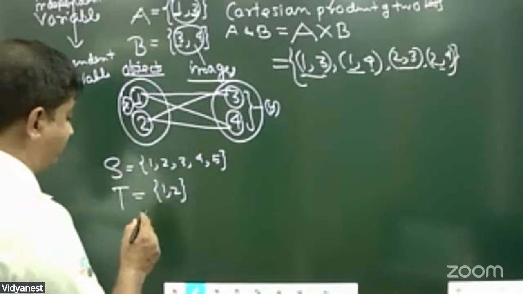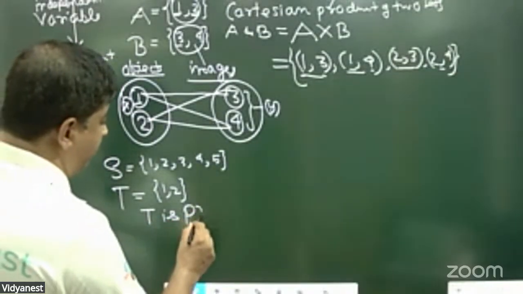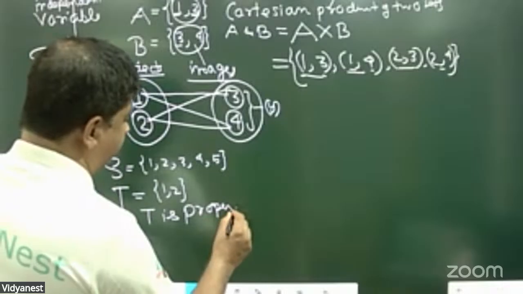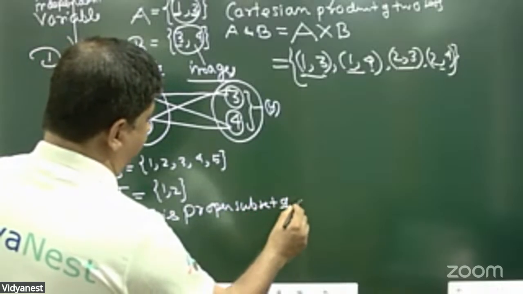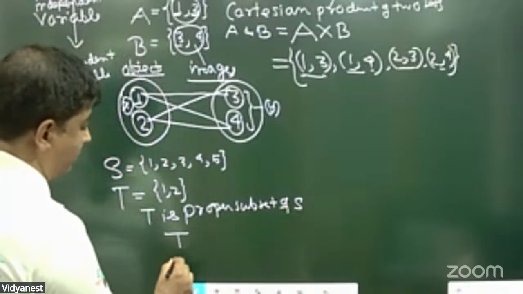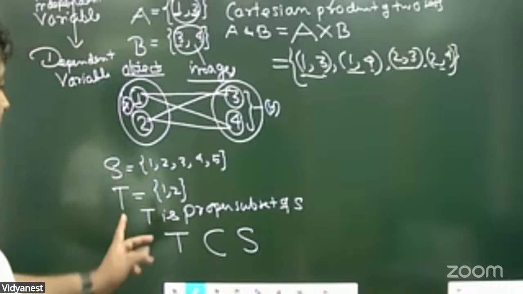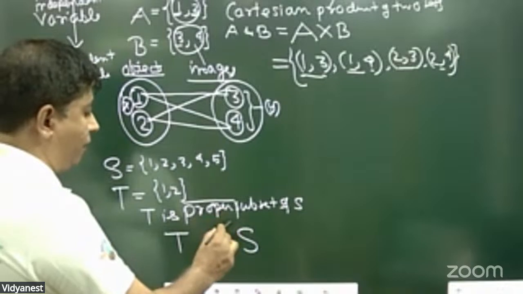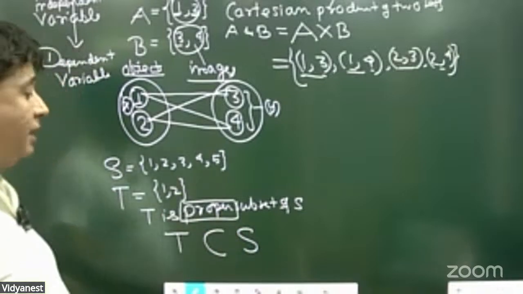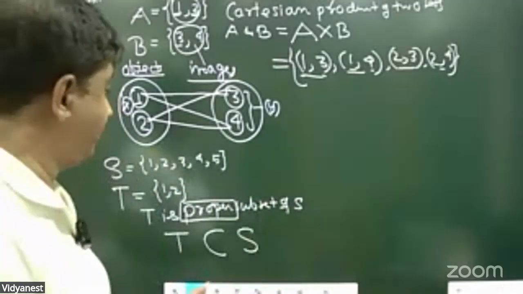So here T is a proper subset of S. And how to symbolize it? T is a proper subset of S like this. You can ask me, if this is a proper subset, what is a subset then?